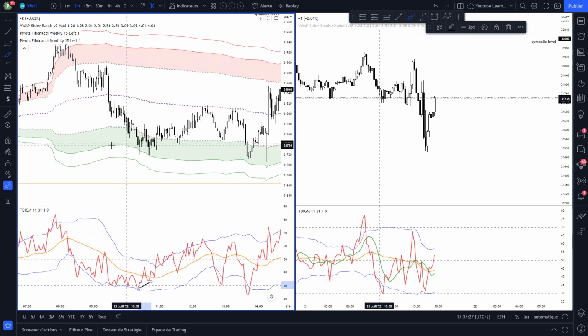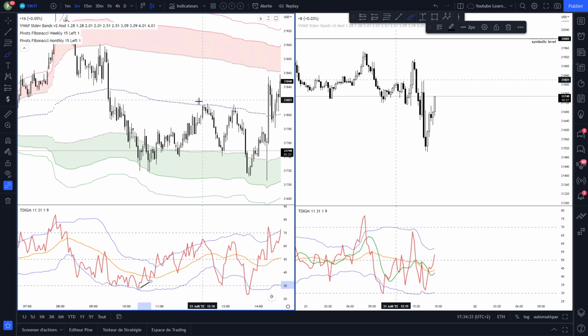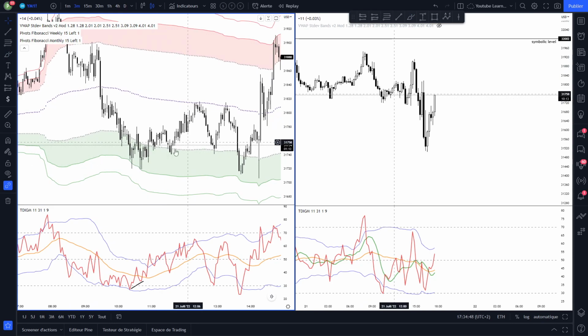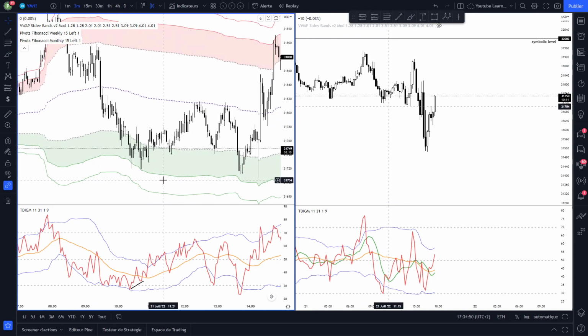This was also the Asian low, so I took a long position and I was aiming to reach the VWAP again. My stop loss was if this area was broken, and the price came back to the VWAP, so it was a good trade. So this was a good long example.